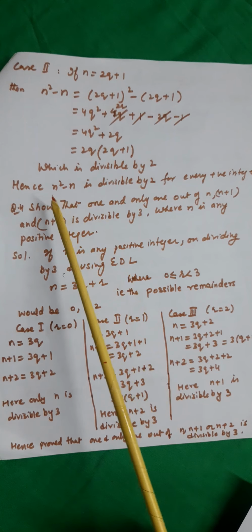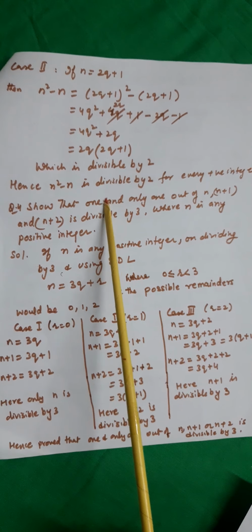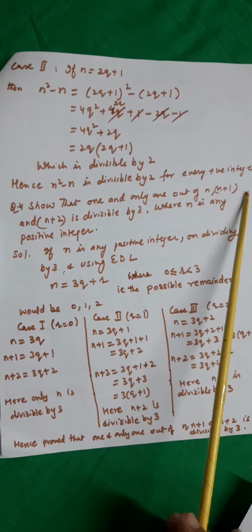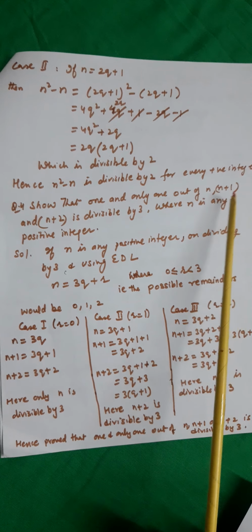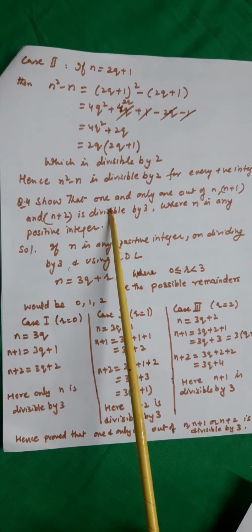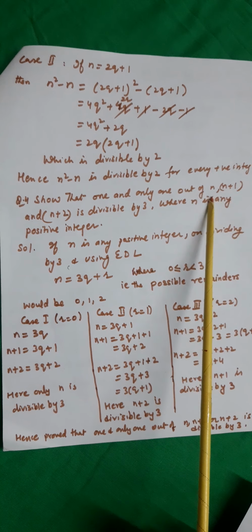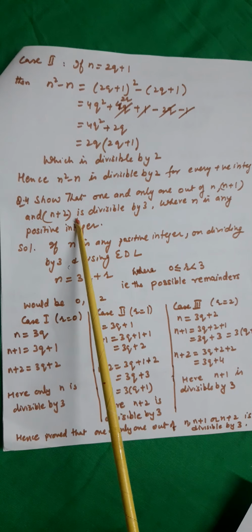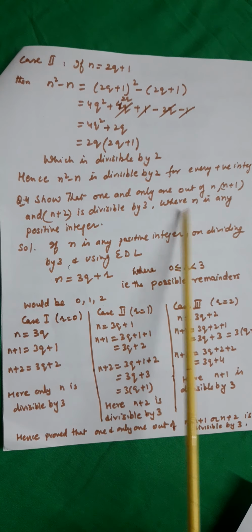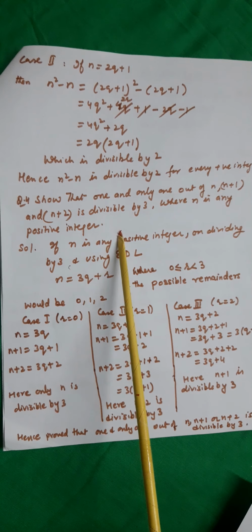Hence we can say that n square minus n is divisible by 2 for every positive integer n. Lastly, we show 1 and only 1 out of n, n plus 1 and n plus 2 is divisible by 3, where n is any positive integer.